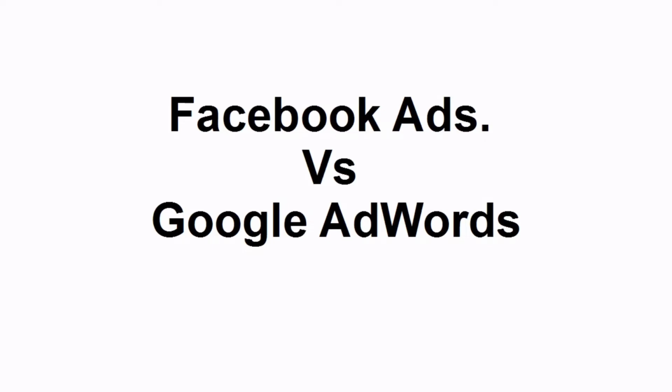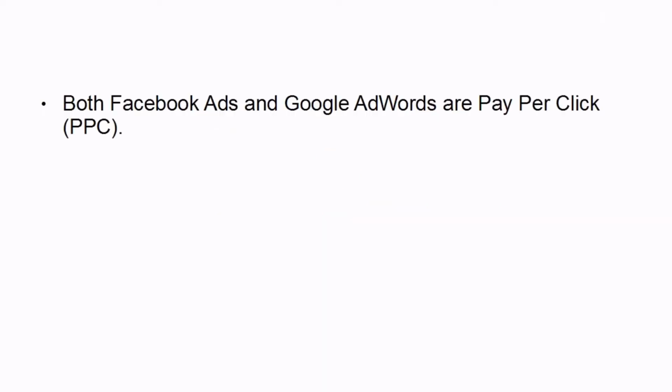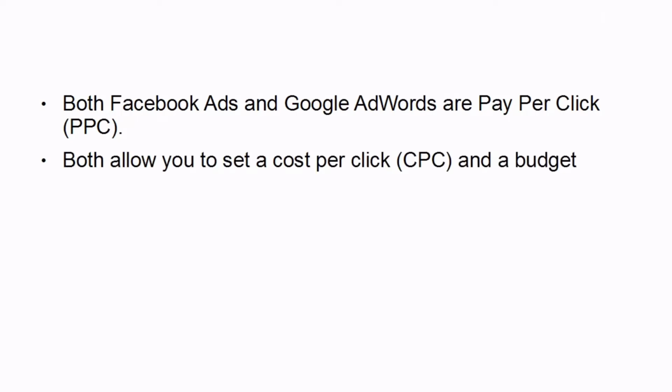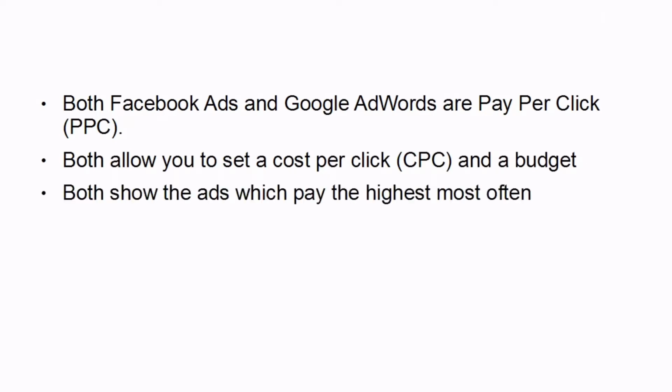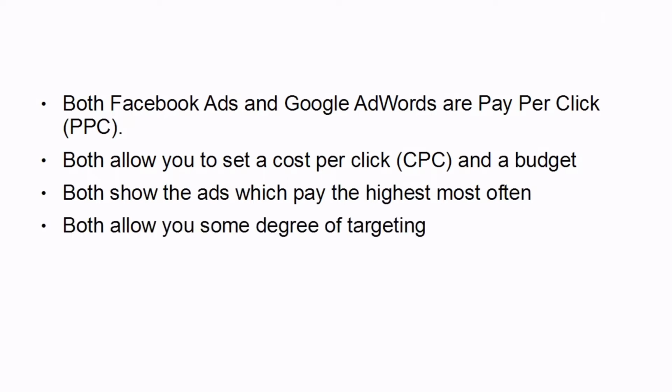Well, there are certain similarities. First of all, both Facebook ads and Google AdWords are pay-per-click or PPC. At least Facebook does have a PPC option. And both allow you to set a cost per click, otherwise known as a CPC, and a budget. Both will show ads which pay the highest most often.